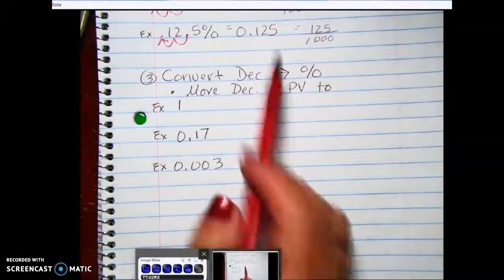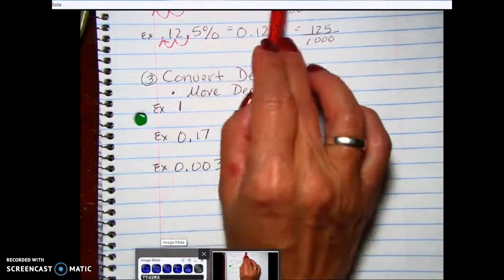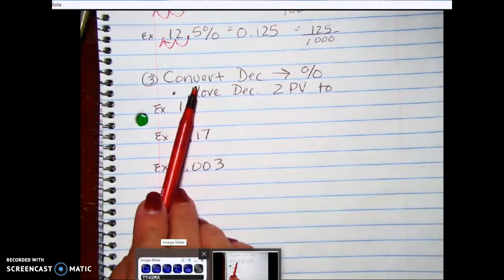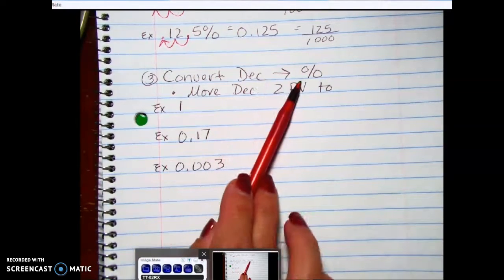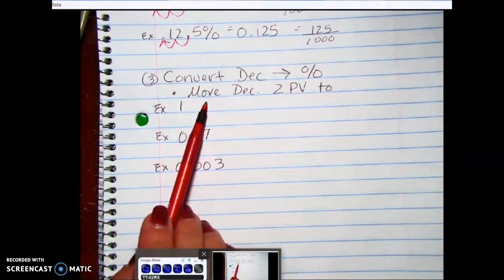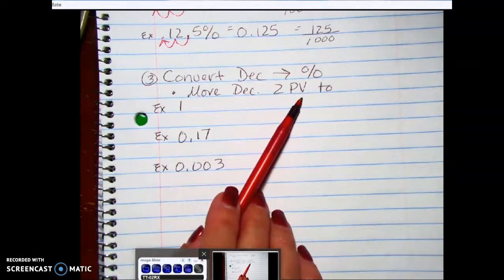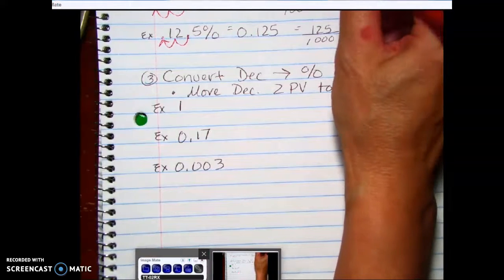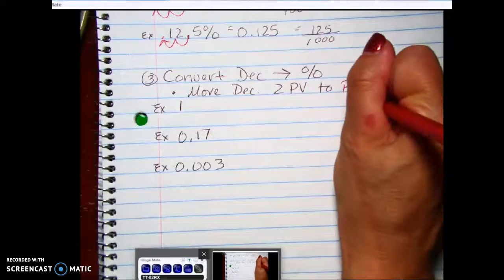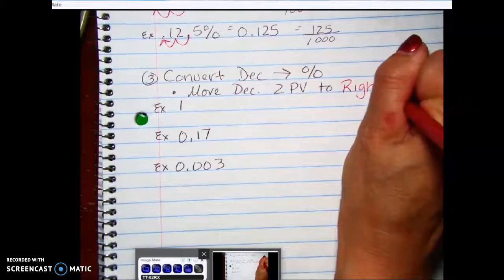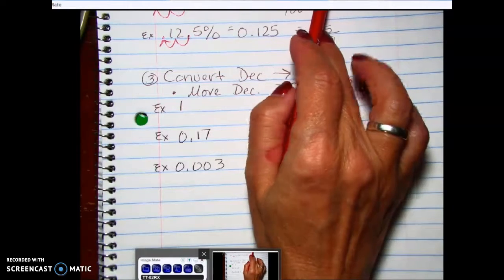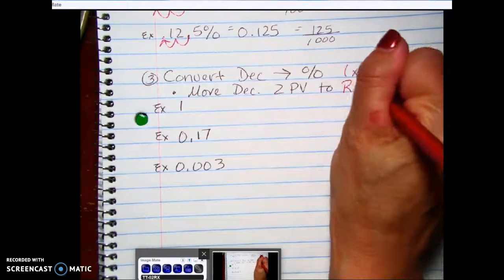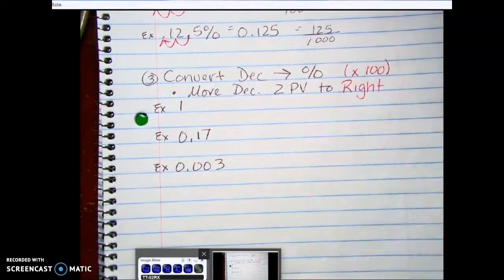Now, conversely, we also need to know how to convert a decimal to a percent. Again, we're going to move our decimal 2 place values, but the opposite of left is to the right. Now, if this was dividing by 100, this would be multiplying by 100.